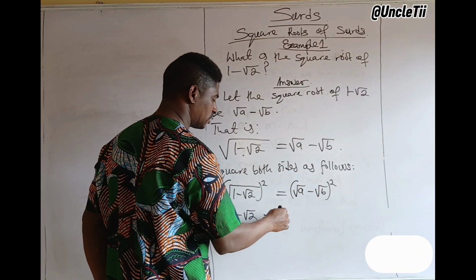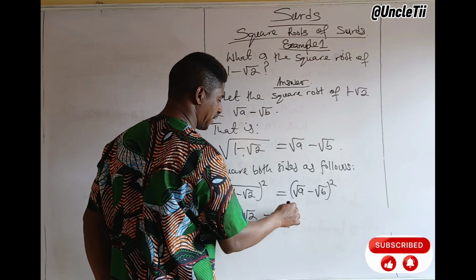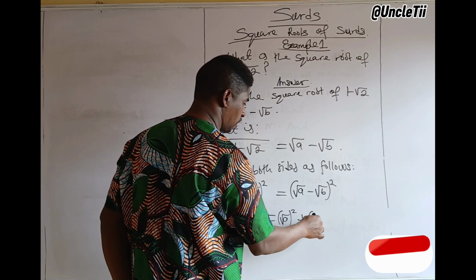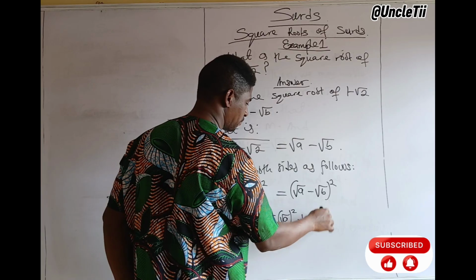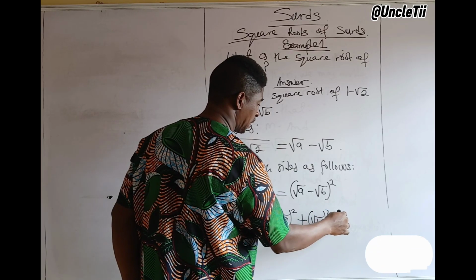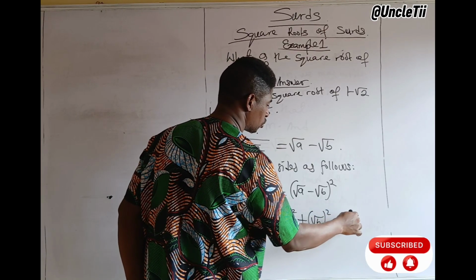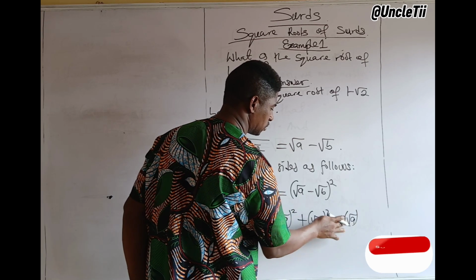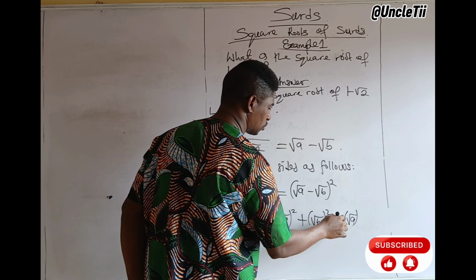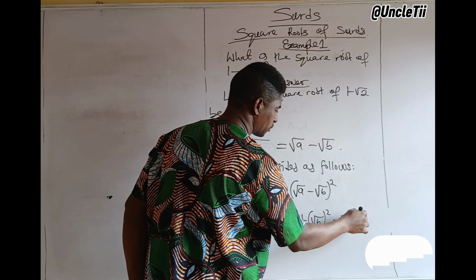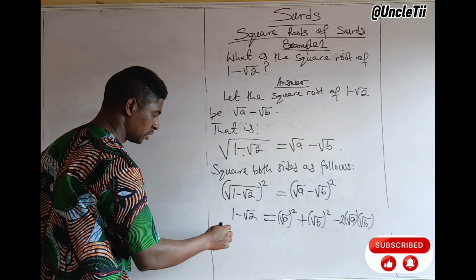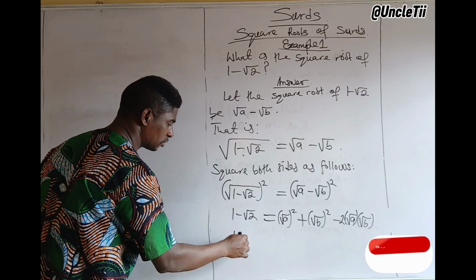What it's saying is square of A plus square of B minus 2 square of A square of B. That's the implication.